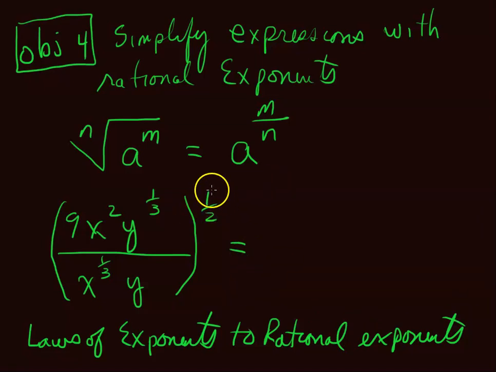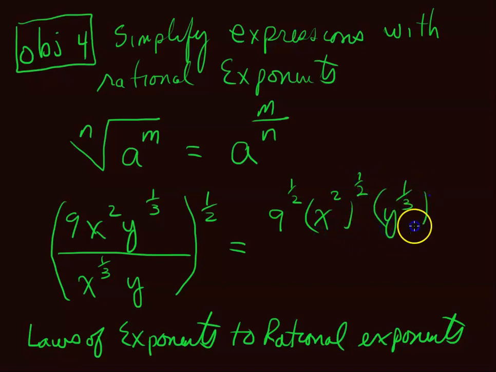So, just like we could before, this 1/2 can be applied to everybody inside here. So it's 9 to the 1/2. It's x squared to the 1/2. It's y to the 1/3 to the 1/2, it's x to the 1/3 to the 1/2 and y to the 1/2.